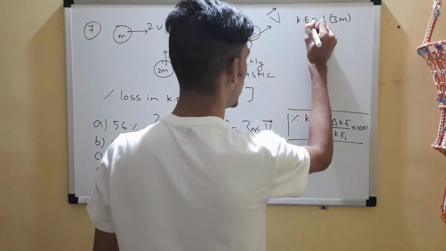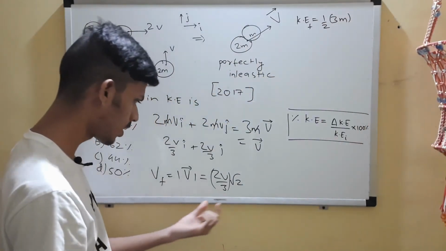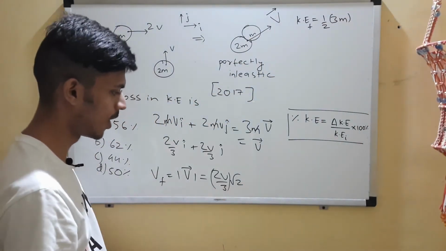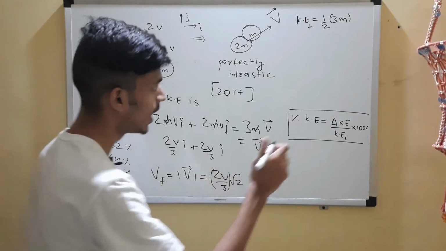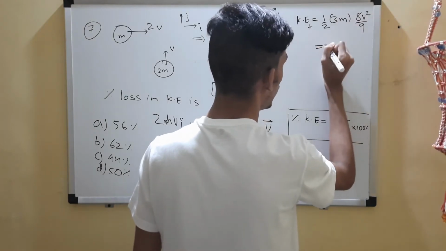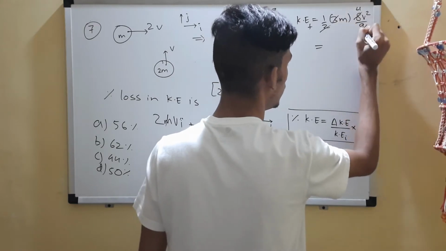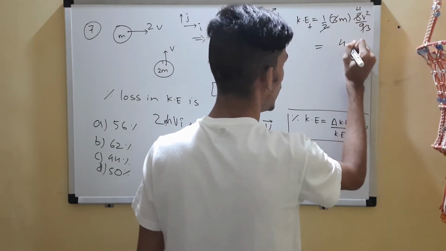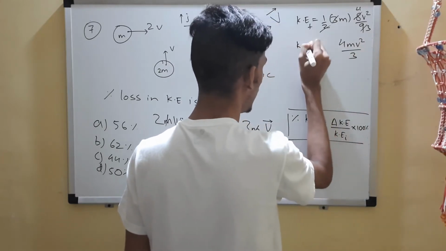So the kinetic energy final is half 3m into v square. With the final velocity square being 8v square by 9, we get 4 mv square by 3. This is the final kinetic energy.